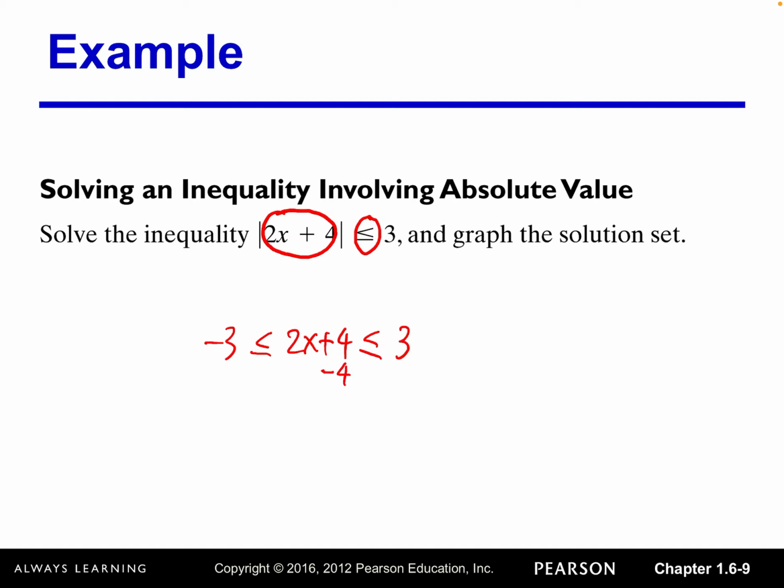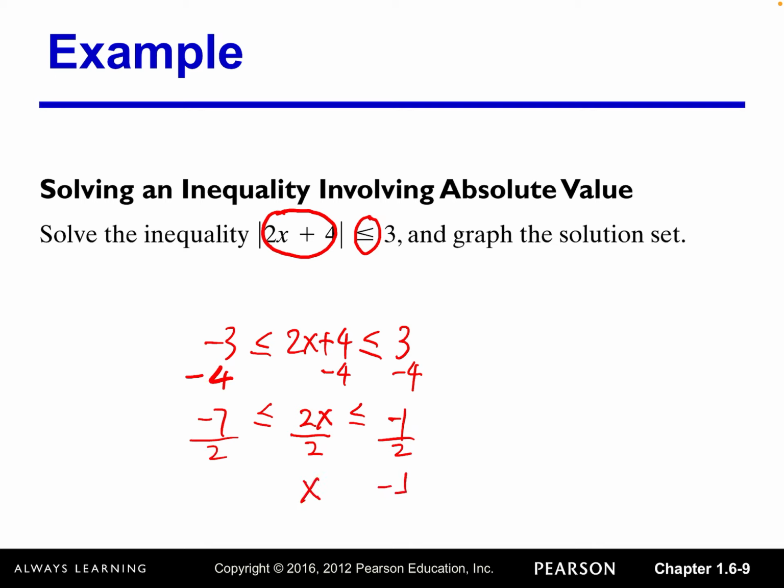Okay, and then we solve a combined inequality like we learned in section 1.5. First step, all three sides subtract 4. So we get a middle 2x, left-hand side -7, right-hand side -1. Addition property, the symbol remains the same. And then next step, we want to cancel the coefficient 2, so all three sides divided by +2.